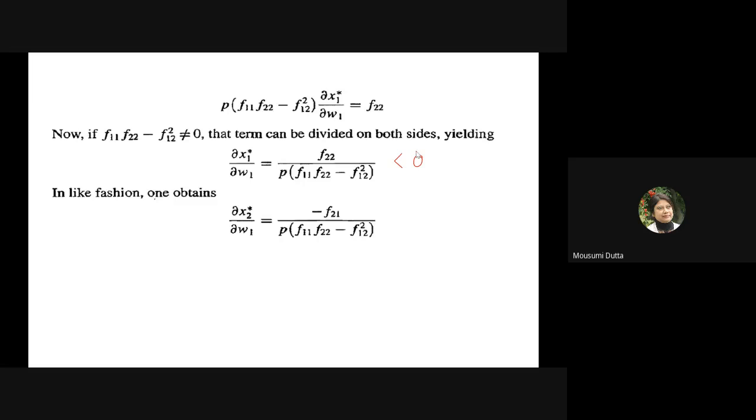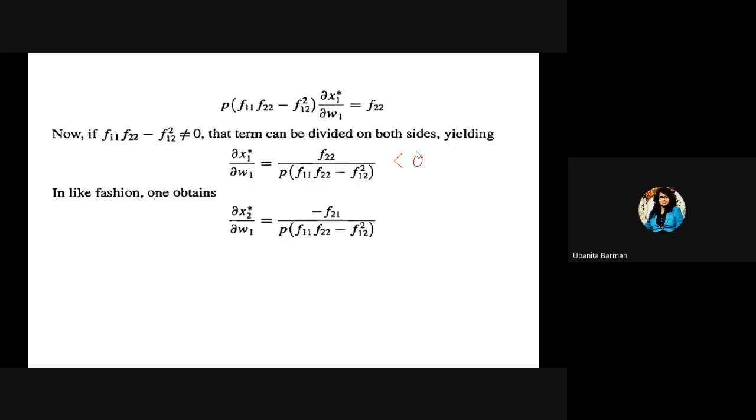Now what is the meaning of this negative sign? Del x1 star by del w1 less than 0. Is there an inverse relation between x1 star and w1, or a positive relation? Inverse relation. Now tell me in a sentence, what does this inverse relation mean?